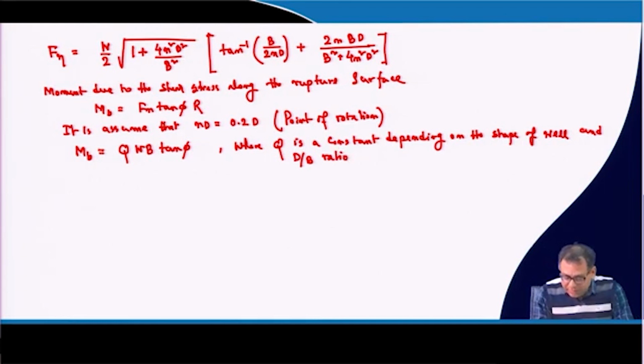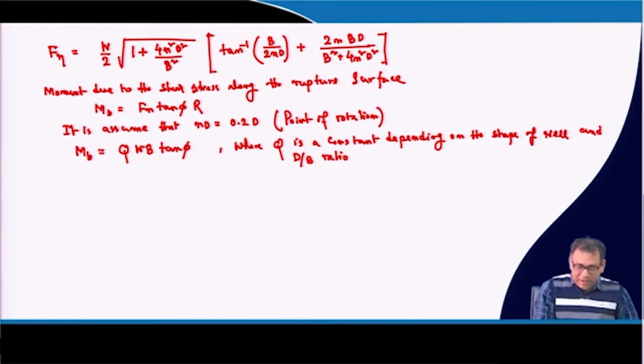So this q is also determined from this equation, and for different d by b, because in this Mb equation, what are the terms present? Only d and b, because Nd is replaced by d. And there is a w term also. So w, b and d. So this q is basically a function of d by b and the shape of the well.